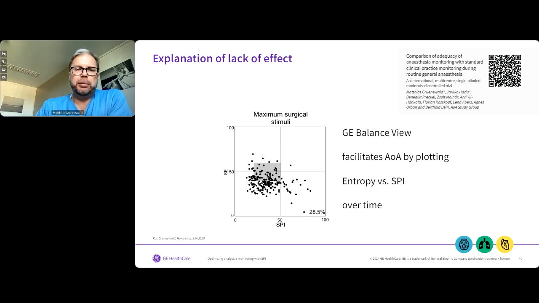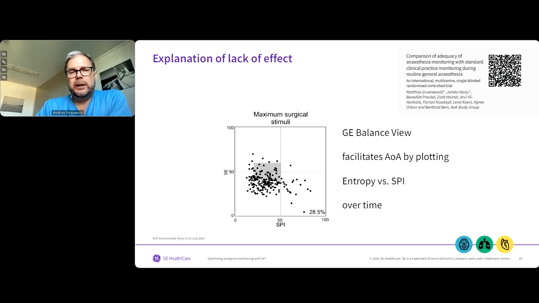This kind of plotting can be shown in your daily clinical monitoring again. So it's a so-called balance view, and it facilitates you to be in the target range, which is the gray box showing here. So this is your task in daily practice: to move your patient, your dots, into this target range shown here.